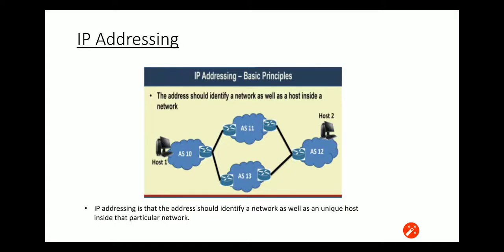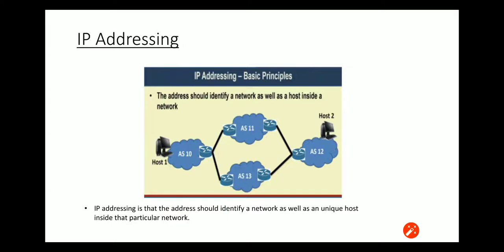Now let's have a look at an example of postal addressing. At first we use the name of the location like India, and inside that West Bengal, and inside that Kharagpur, or in the district, say West Midnapur. Then from Kharagpur to IIT Kharagpur, and then finally the person you are looking for.